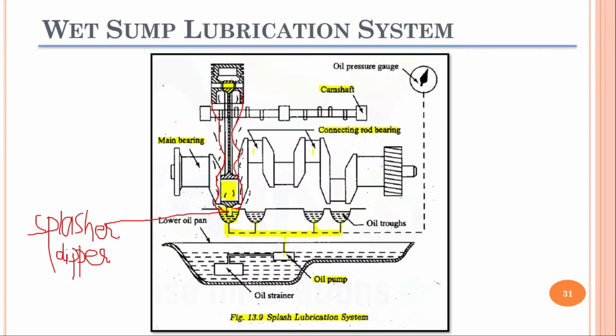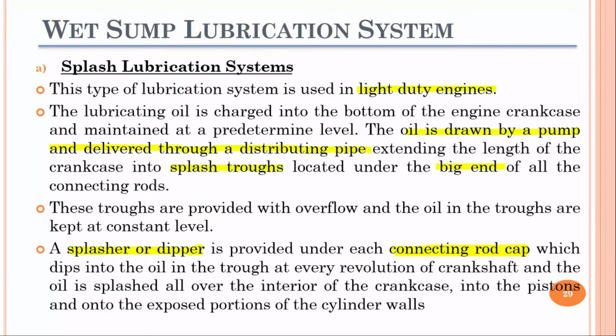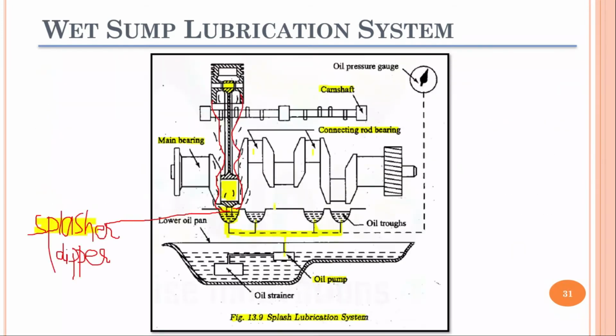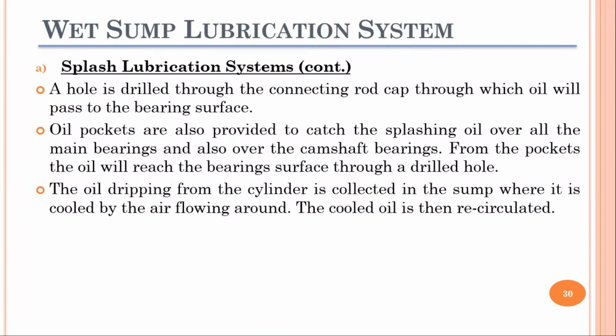This is our dipper splasher, as I mentioned earlier, which dips into the oil in a trough at every revolution of the crankshaft. As the crankshaft rotates, the connecting rod will move up and come down. As a result, when it comes down, the splashing will occur and lubrication oil will splash upwards for the lubrication.